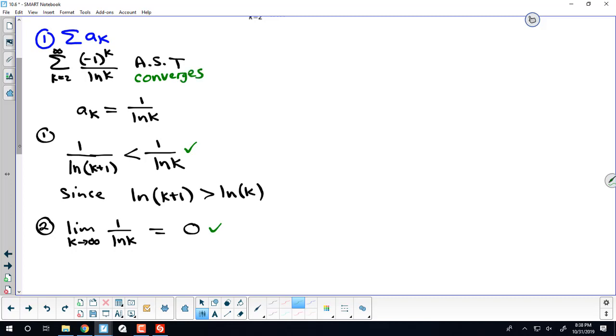So we'll just write it there. And so you want to be careful when you go to test the absolute value of the series, because the absolute value of the series does actually give us, and it will always give us, something similar to what we've tested in the alternating series part.